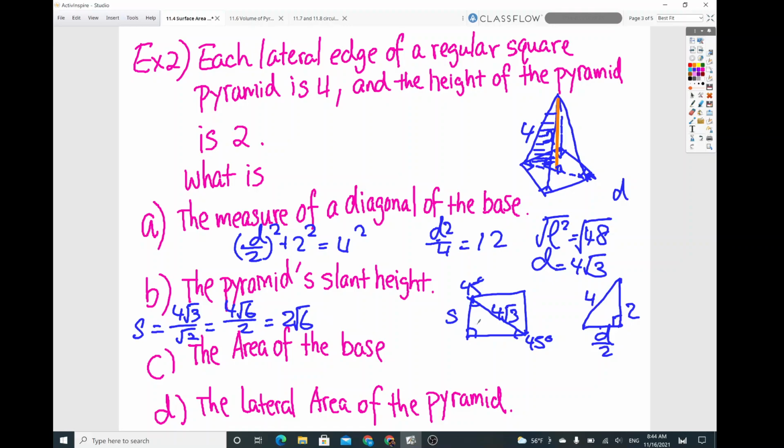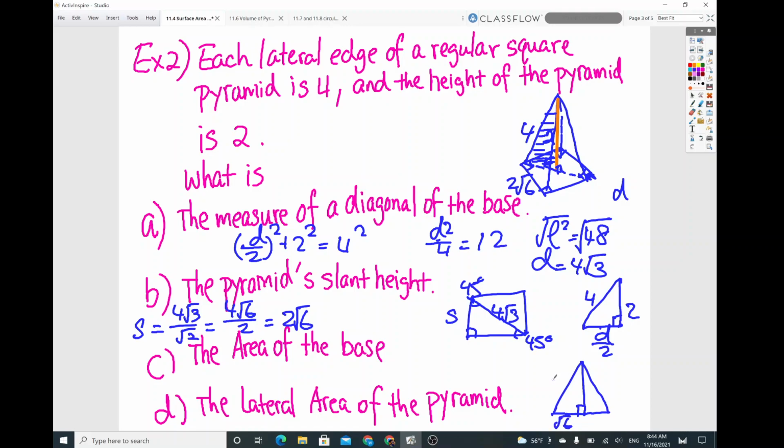So the side length of the square base is 2 root 6. And then using the right triangle, the slant triangle, we can figure out the slant height. Half of the base, half of 2 root 6, is root 6.